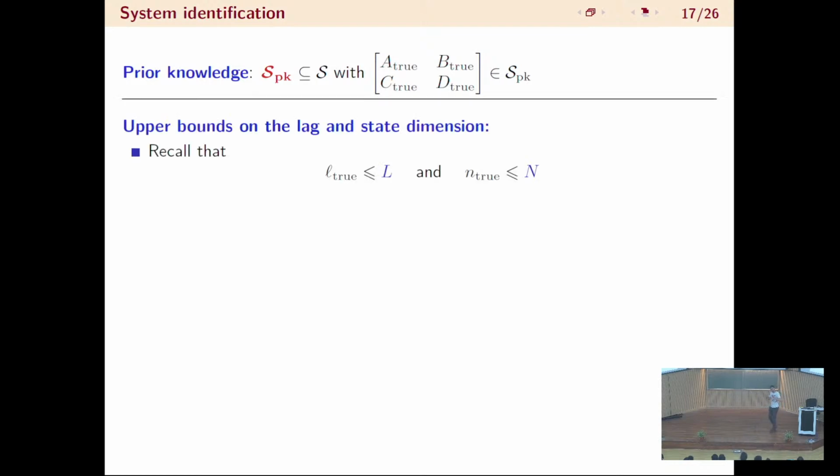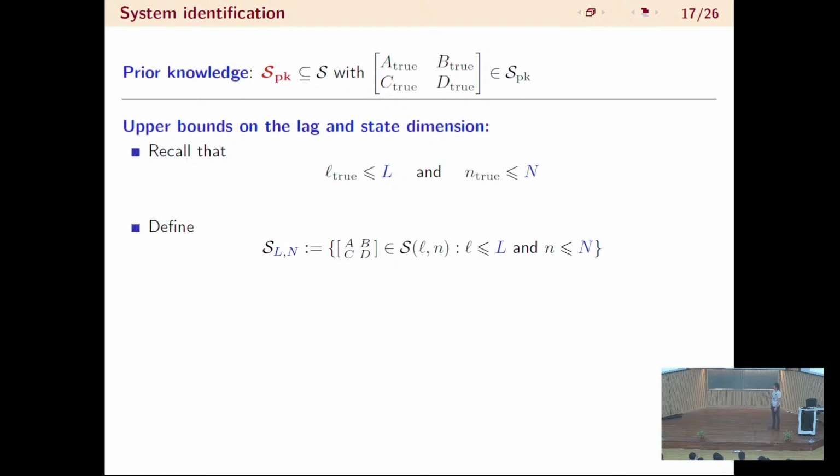Well, what is this set SPK in our setting? Well, I remind you of the fact that we assumed upper bounds on the state space dimension and the lag of the true system. So we have these numbers, capital N and capital L. So that must be part of the prior knowledge. Meaning that if we define this set SLN of all systems A, B, C, D with lag less than or equal to L and state space dimension less than or equal to capital N, then my true system must be within SLN.